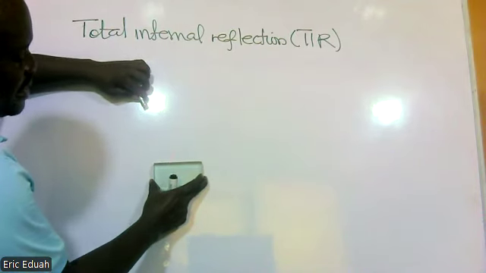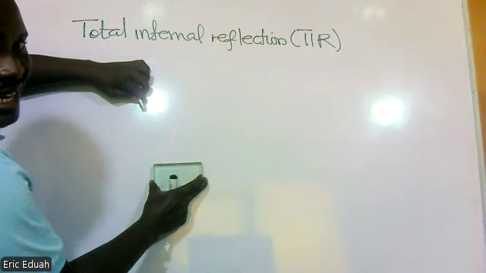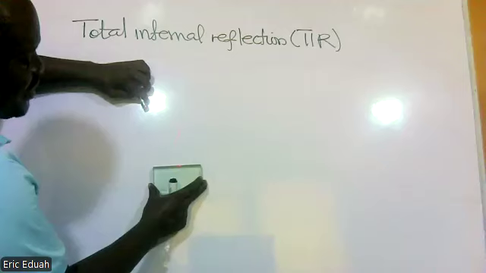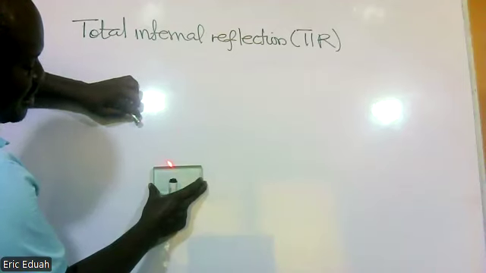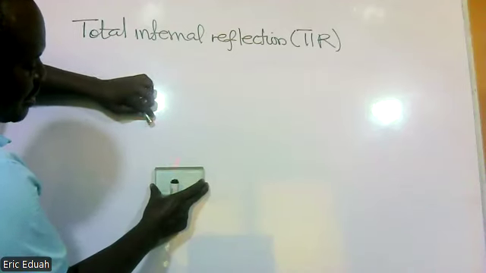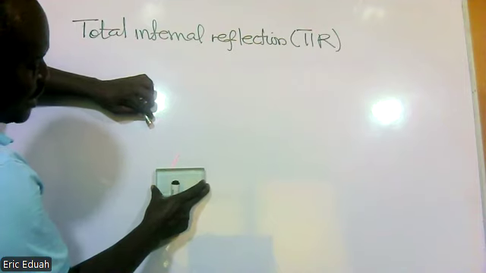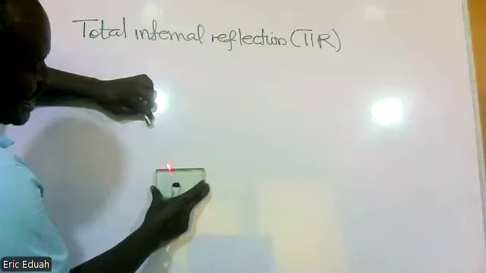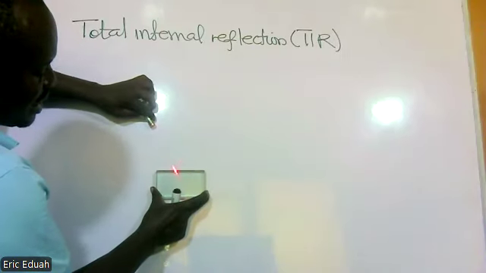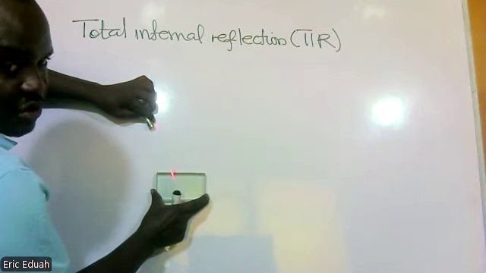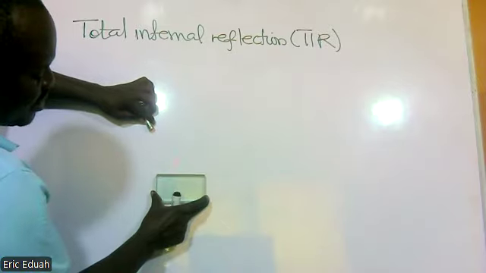Okay, I think you are seeing an incident and then reflected. Can you see the refracted ray? Yes, please. So we have incident, reflected, and then the refracted. The reflected bounces off from the surface. Then the refracted passes through the block.